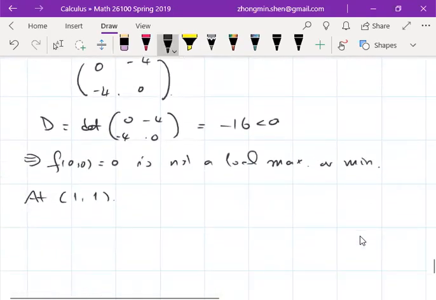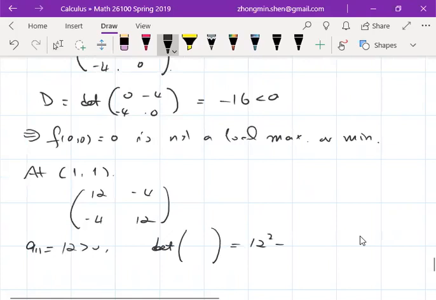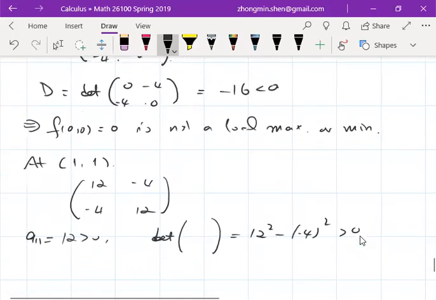So the matrix is going to be 12, -4, -4, and 12 at that particular point. You will see that 12 is positive, A11 is greater than 0, and the determinant, 12 squared minus negative 4 squared, is positive. It does not change sign.